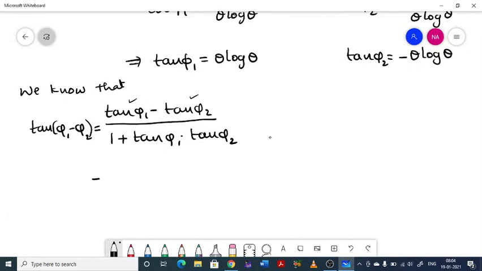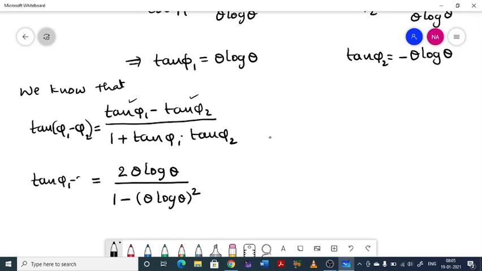Substituting the values, tan phi 1 minus tan phi 2 is theta log theta minus of minus theta log theta. So we get 2 theta log theta divided by 1 minus theta log theta whole square. That is tan of phi 1 minus phi 2.